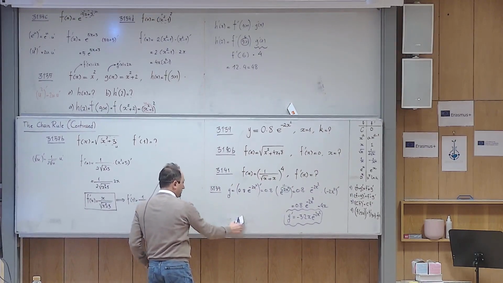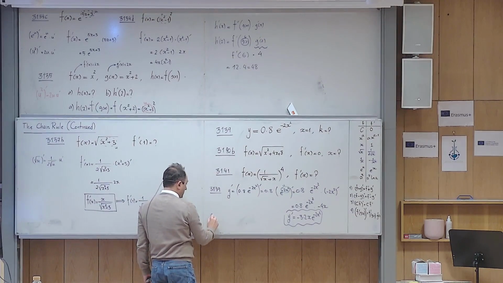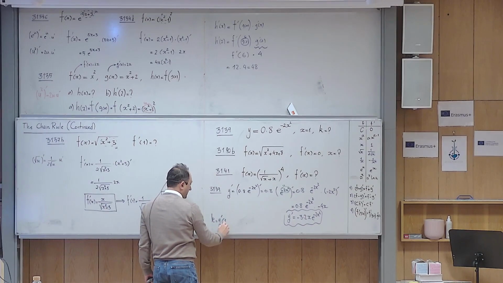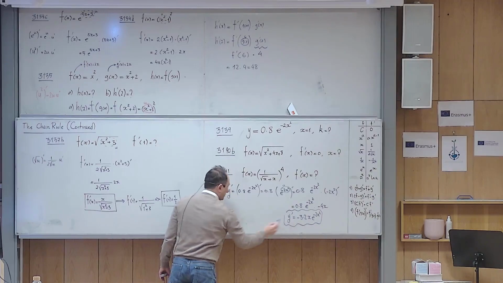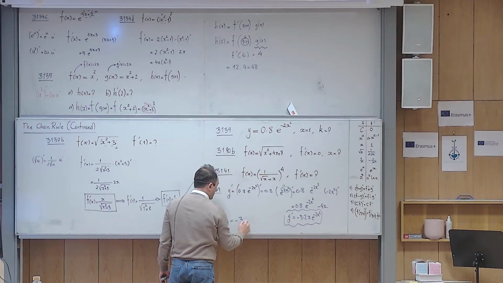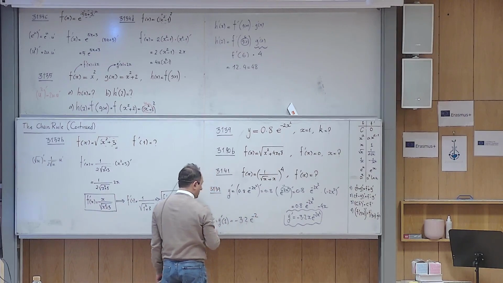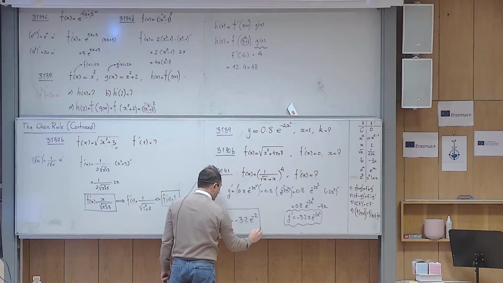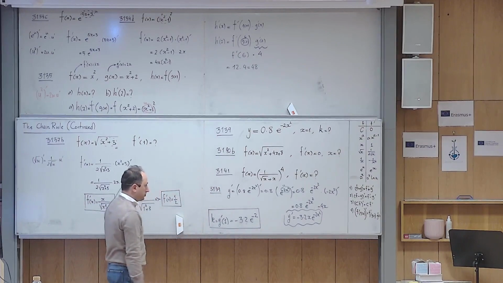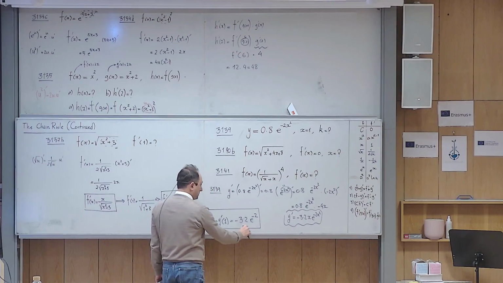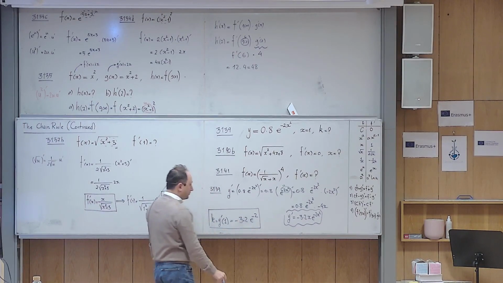So if I want to find the slope, I write the slope is equal to y prime at x equals 1. I replace x with 1, so it becomes minus 3.2 e to the power minus 2. And I don't even bother to simplify it. That's the answer. You shouldn't simplify, unless it is mentioned in the problem that you have to approximate it.